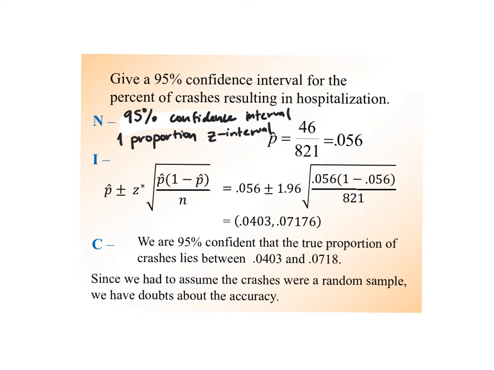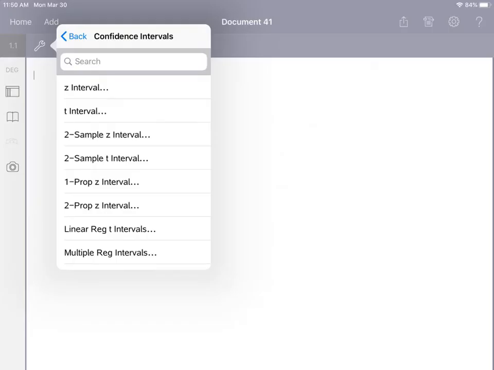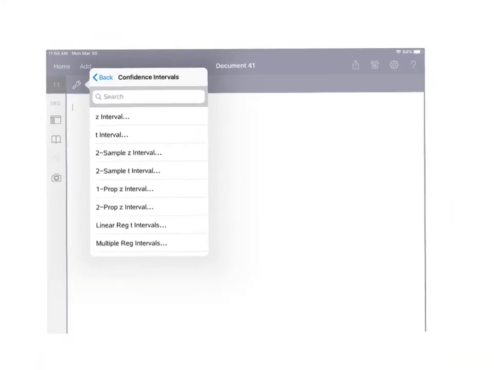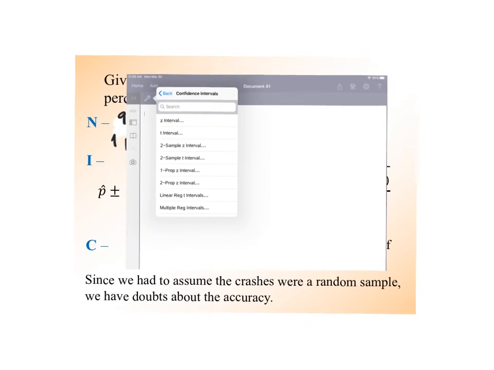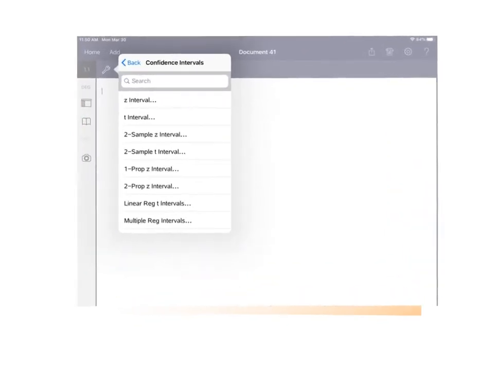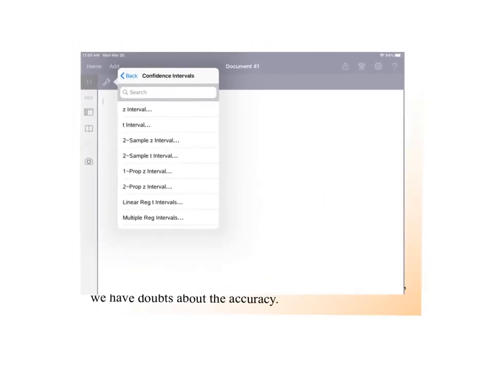Now, the reason I'm changing the name also is because, I'm going to pull up an image here. I just took a screenshot of my calculator, and in the calculator, when you go to menu and you go to statistics and you go to confidence intervals, it's going to have a list of names.